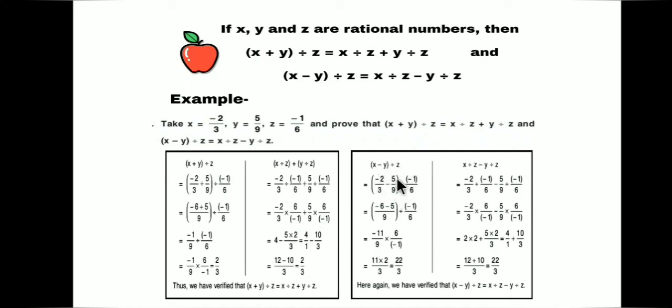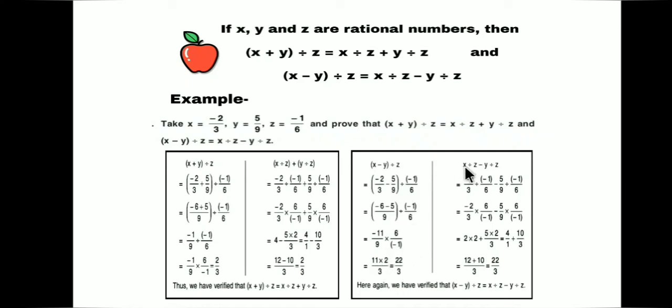The difference we get is minus 11 upon 9. We will divide this by minus 1 upon 6. Minus 11 upon 9 into the reciprocal of the third rational number, which is equal to minus 11 upon 9 into 6 upon minus 1. The answer obtained is 22 upon 3.